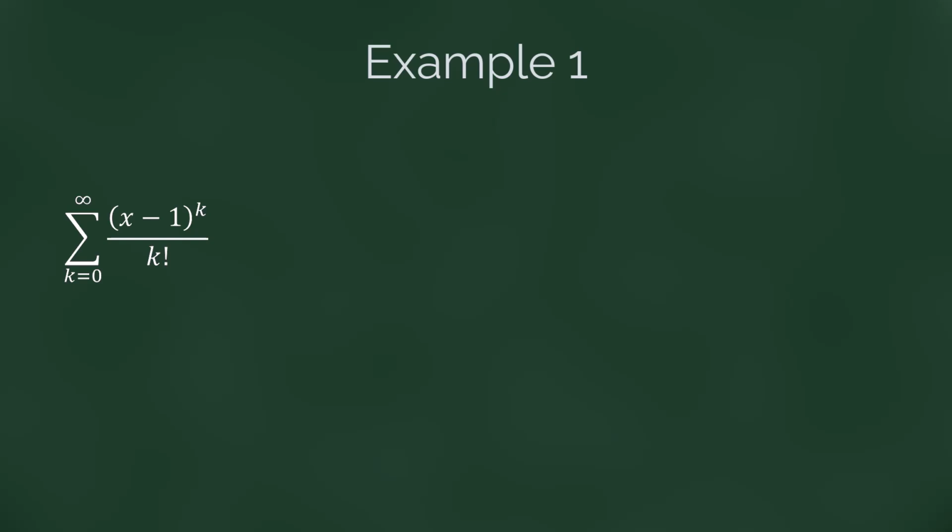Let's see if we can find the radius of convergence for the series, the sum from k equals 0 to infinity of x minus 1 to the k over k factorial. The k factorial is a signal that we probably want to use the ratio test.